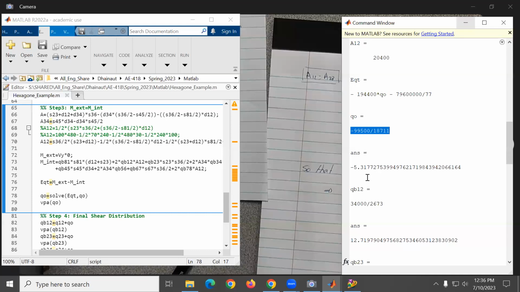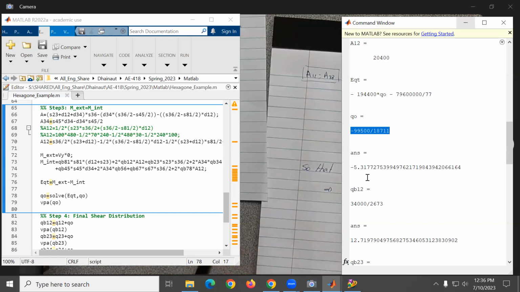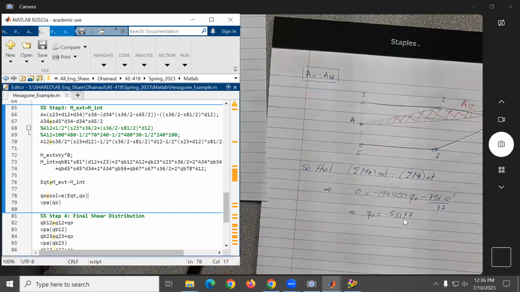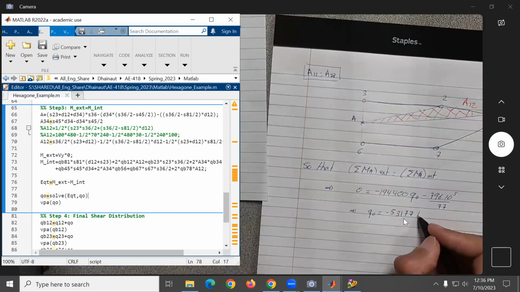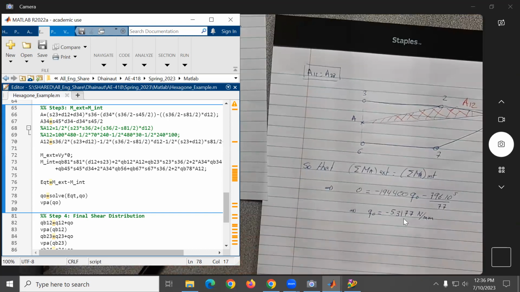Minus 5.3177 should be enough. Newtons per millimeter.